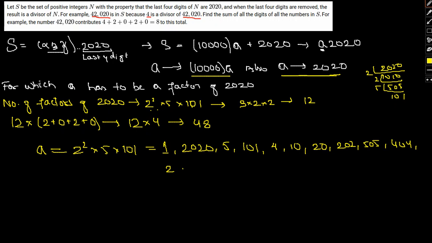We have 1, 2, 4, 5, 2020, 101, 10, 20, 404. Yes, a can also take the value 1010, which is 101 into 2 into 5. So these are all the values that a can take.